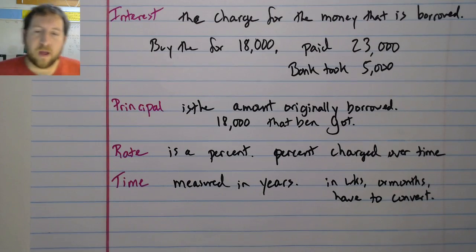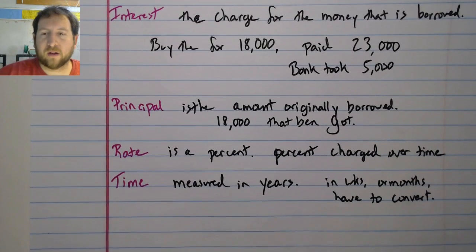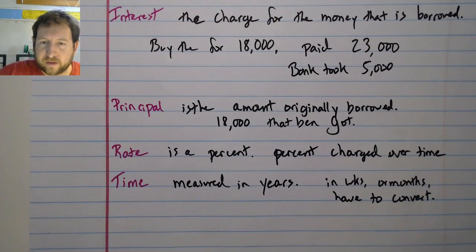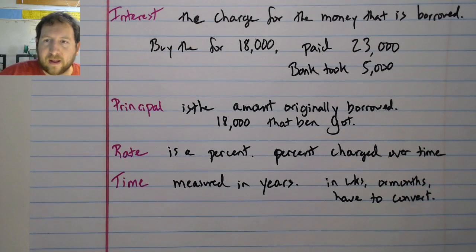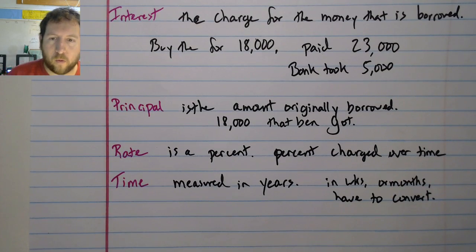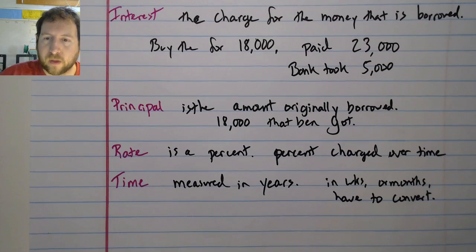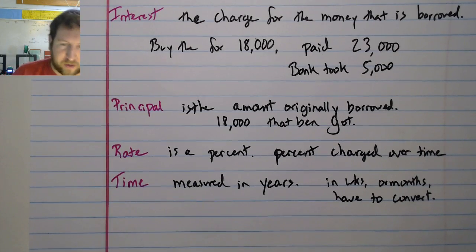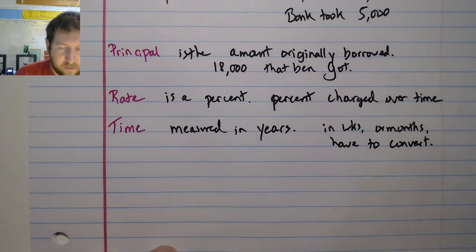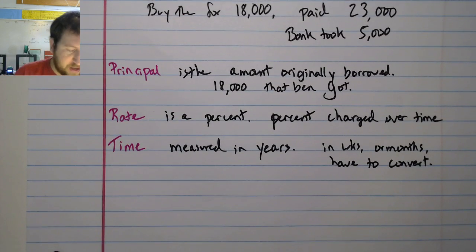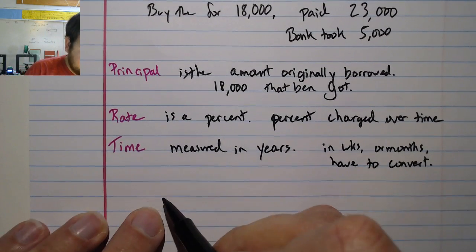All right, so let's take a little example. Now, not the example that I used earlier, but take a look at an example here. What we're going to be doing is looking at this formula, which gives us an equation for how our interest is earned. And it looks like this.